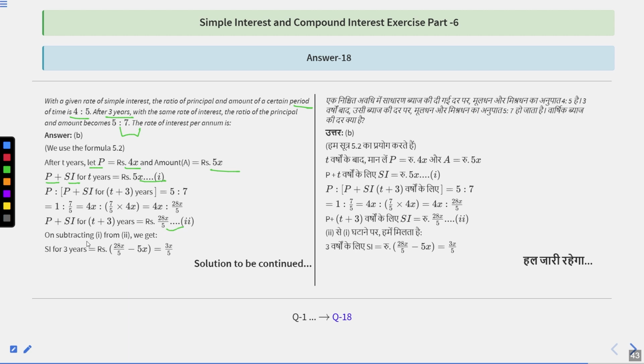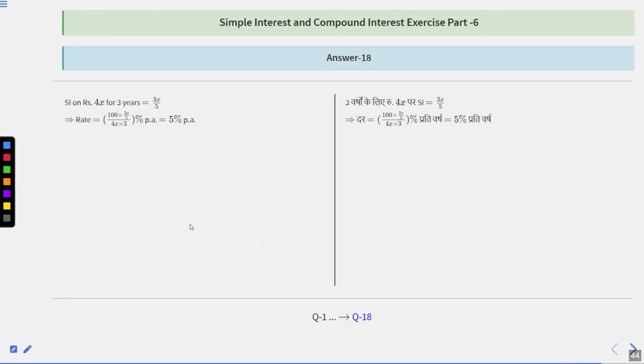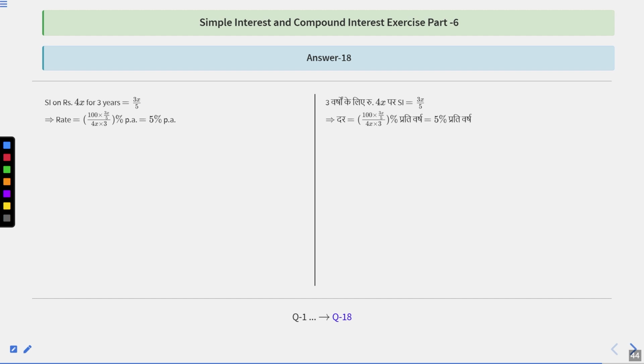On subtracting equation 1 from equation 2, we get simple interest for 3 years, which is 3x by 5. Now, simple interest on 4x for 3 years will be 3x by 5. So what will be the rate of interest? We just put the value 100 into 3x upon 5 upon 4x into 3, which is 5% per annum.